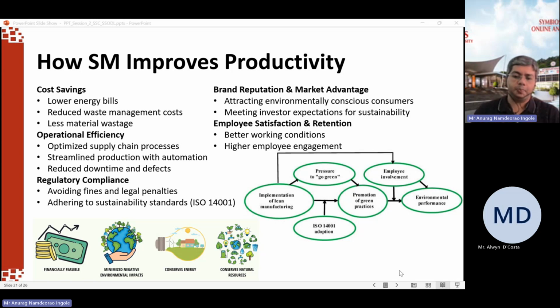So because of such an environment, I will have better retention visible in my organization. And also one of the key features of sustainability was you have fair wages.